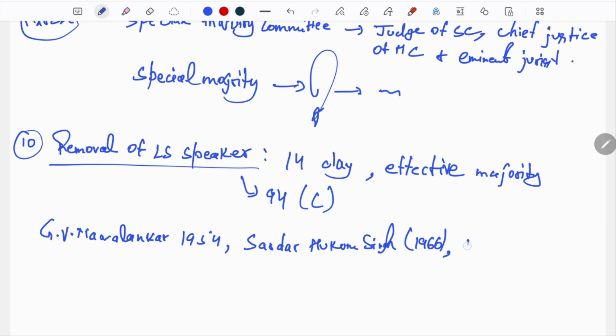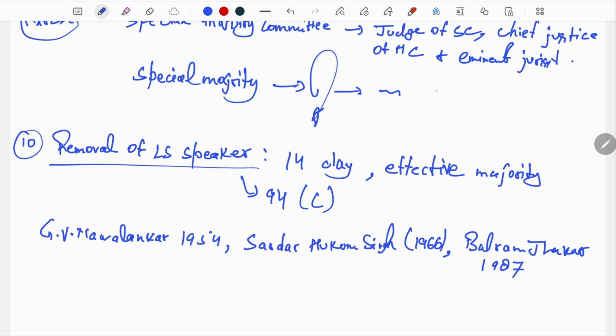The third one is against Balram Jakhar in 1987. And the latest one is against Om Birla in 2026. But no Lok Sabha speaker has ever been removed through this procedure.